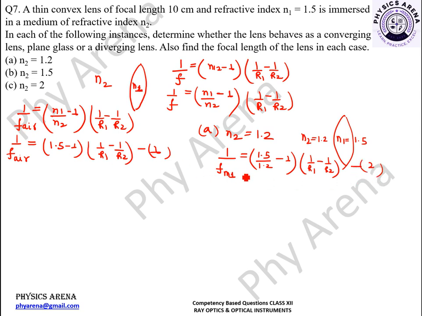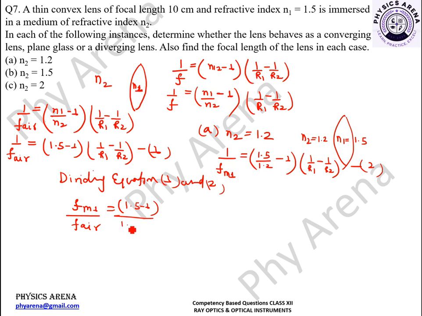Now I can divide these two equations, equation 1 and 2. What will I get? The focal length in medium 1 divided by focal length in air is equal to (1.5 minus 1) divided by (1.5 divided by 1.2 minus 1). And the complete second term, 1 upon R1 minus 1 upon R2, will cancel out.